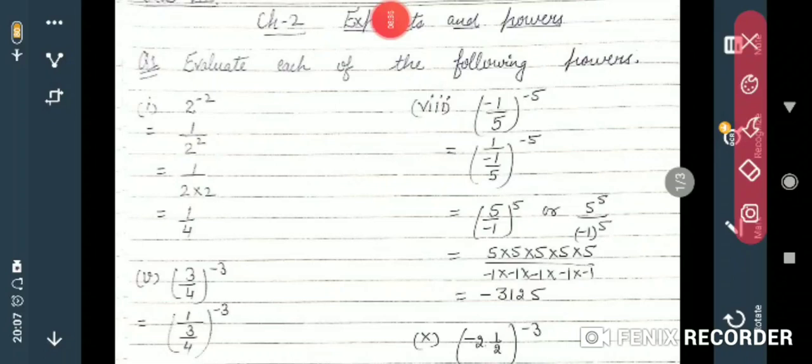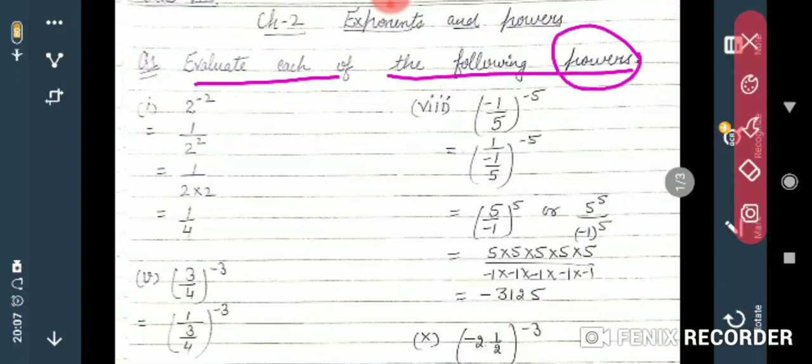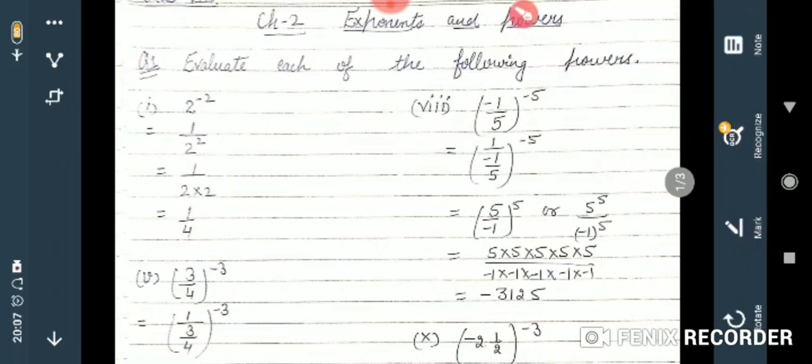So the very first question is, evaluate each of the following powers. You have to evaluate the powers. So first, what is given? 2 to the power minus 2. As I explained before, when the power is negative, we have to do the reciprocal.